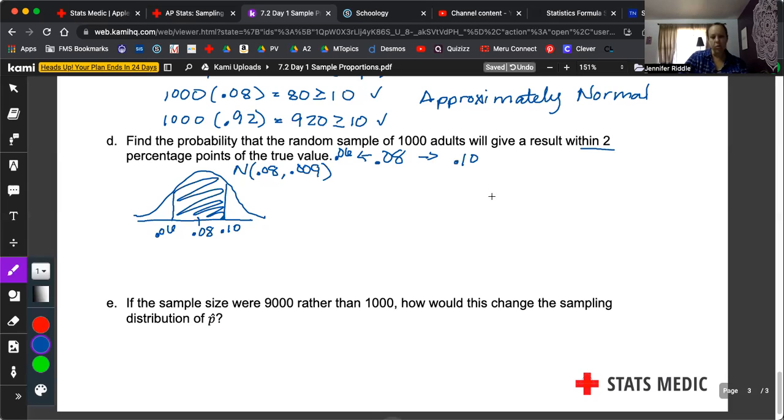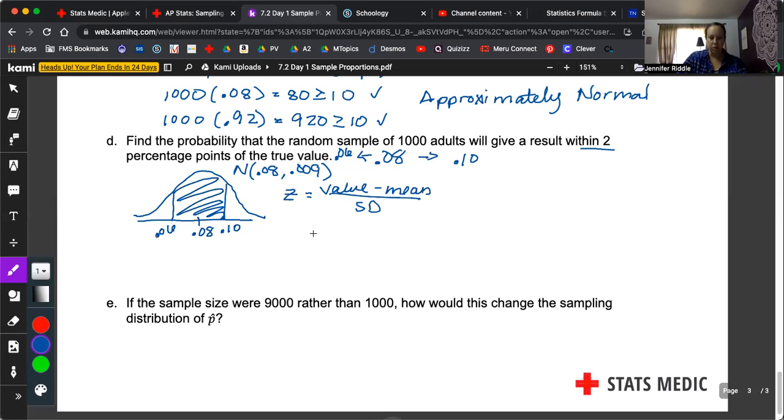In order to do that, I have to have a standardized curve so that I can use table A, or my calculator, to get the results. So if I'm converting to a z-score, remember z is equal to the value minus the mean divided by the standard deviation.